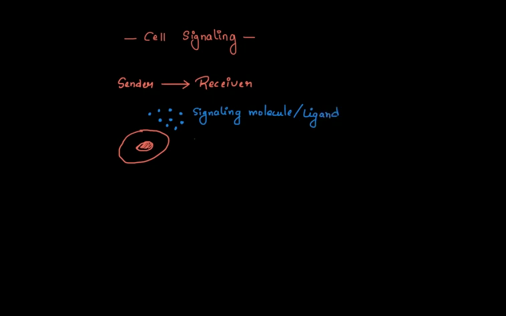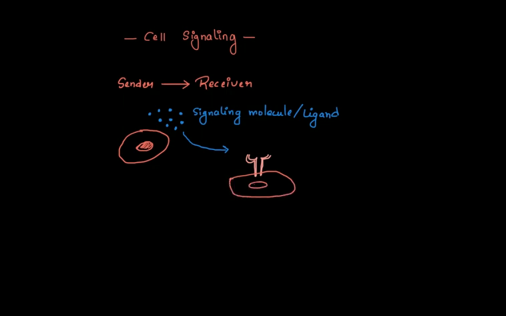So this signaling molecule would eventually go to its proper destination, where it would find something called a receptor. A receptor which is specific for this signaling molecule, and this receptor would be on another cell.